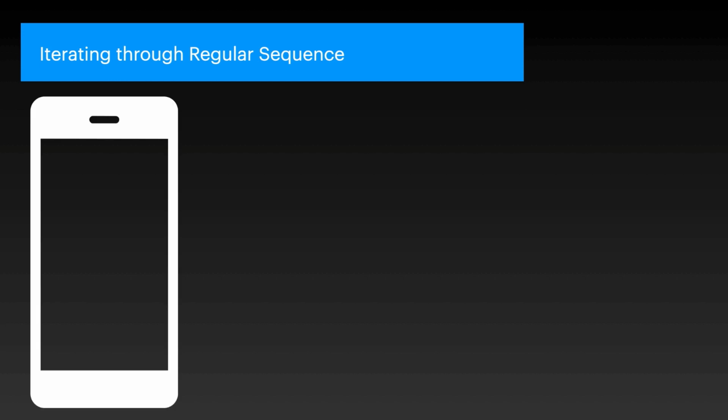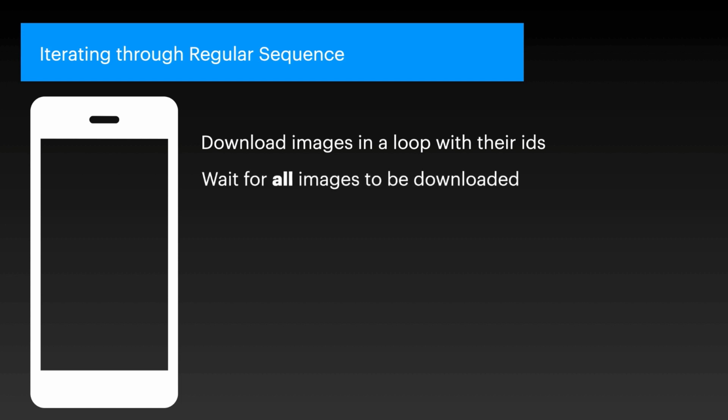So we have IDs of images and we're using those IDs to fetch images. And then finally, those images have to be displayed on our iPhone screen. So the first step will be to loop through the IDs and get the appropriate images. We will wait for all the different images to be populated in an array. And finally, we will go ahead and refresh the user interface with the images.